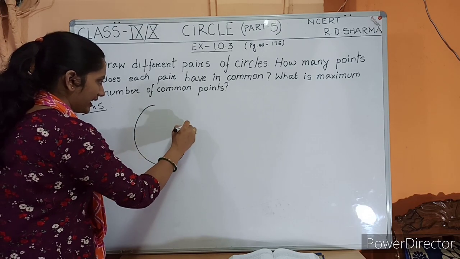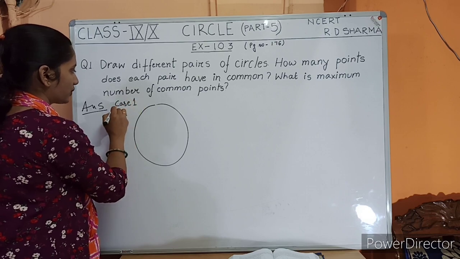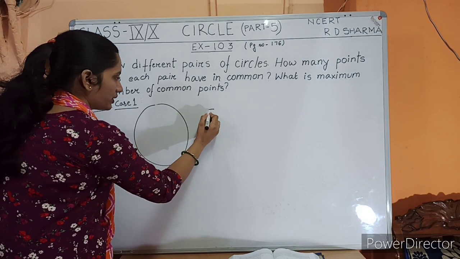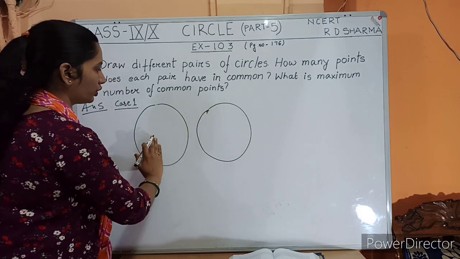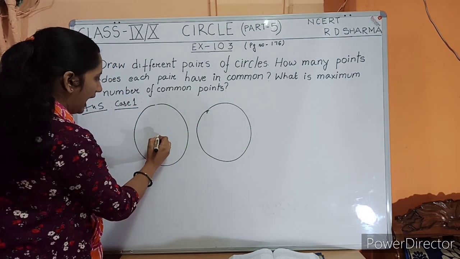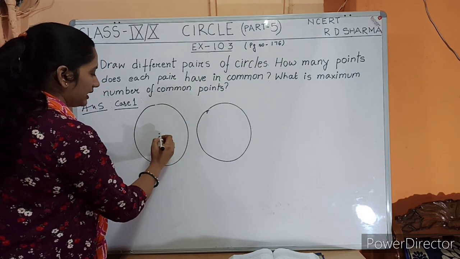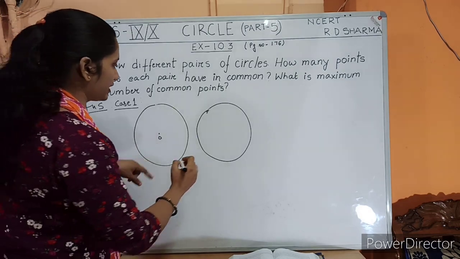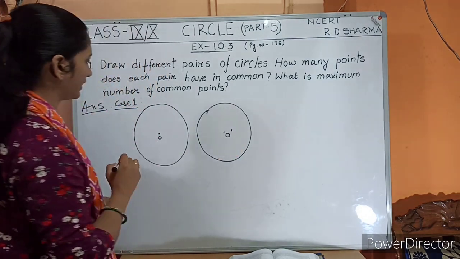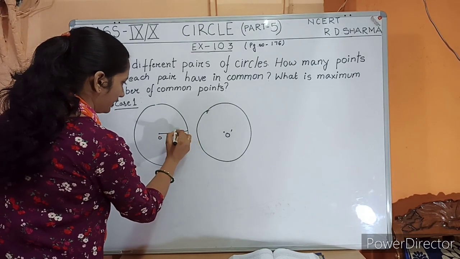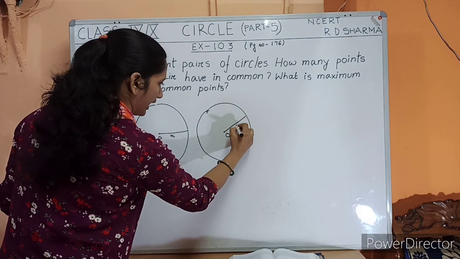The first case would be like this. Case 1, in which the two circles will be drawn apart. We will draw two circles, and these two circles are far from each other. Let us suppose the center of this circle is O and the center of circle 2 is O dash. Its radius is R and its radius is R dash.